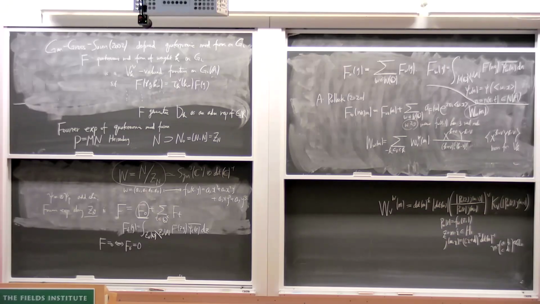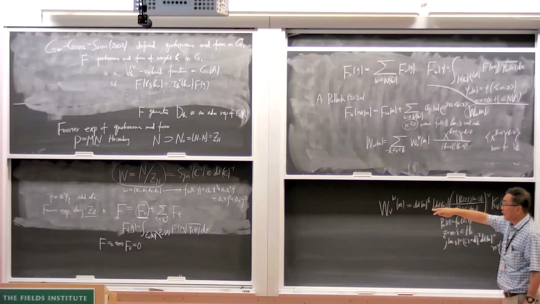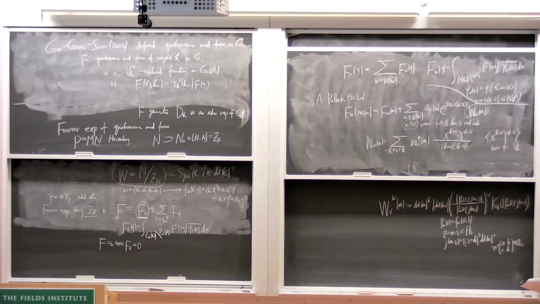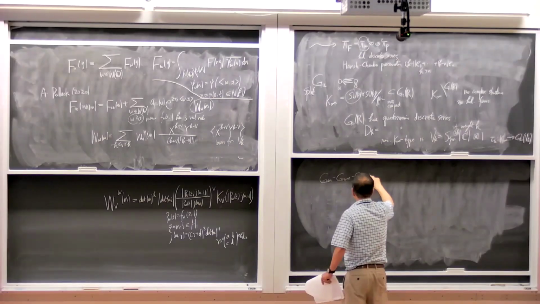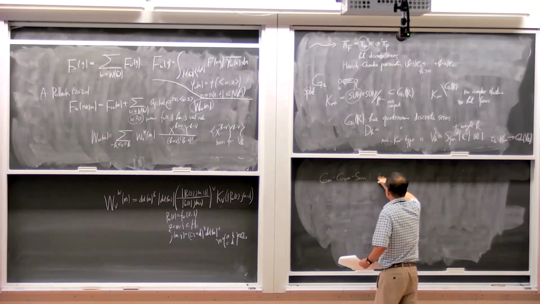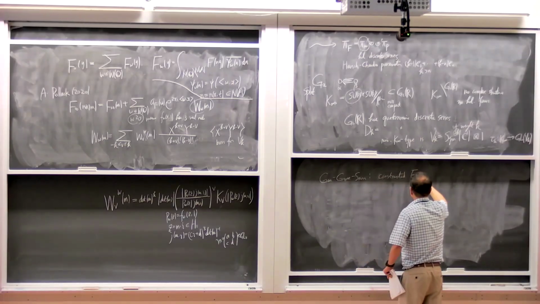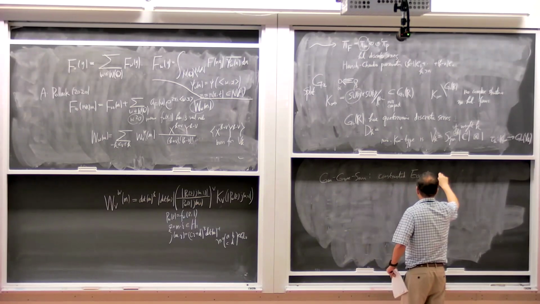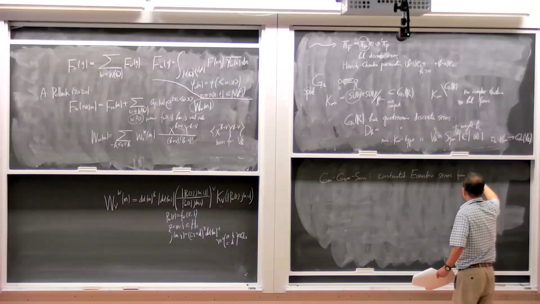All right, so in the same paper, the question is, can we construct the quaternionic modular form? In the same paper, Gan, Gross, and Savin constructed Eisenstein series from degenerate principal series.